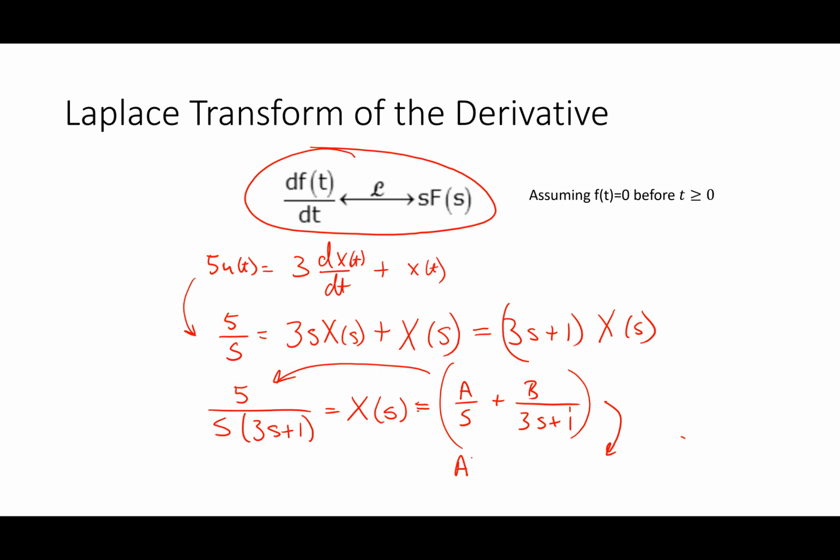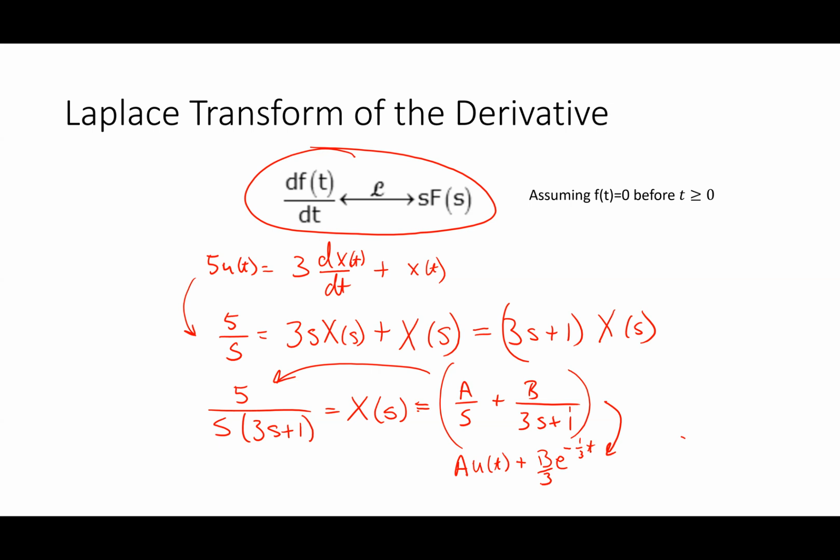Based on what we just did, the Laplace transform of a unit step is 1 over s, so this would be A times u of t. This other term, if I went through the math, would become B over 3 times e to the negative 1/3 t.